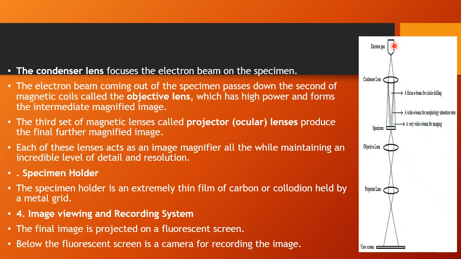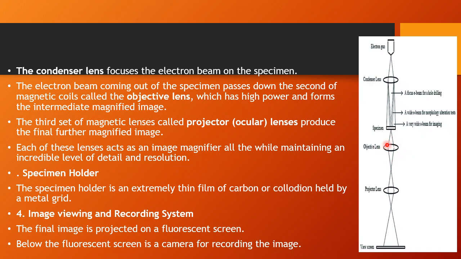The electron beam is generated from the electron gun and moves through the condenser lens, which focuses the electron beam onto the specimen. Then, after passing through the specimen, the electron beam moves to the objective lens. This objective lens is of high power and forms the intermediate magnified image.